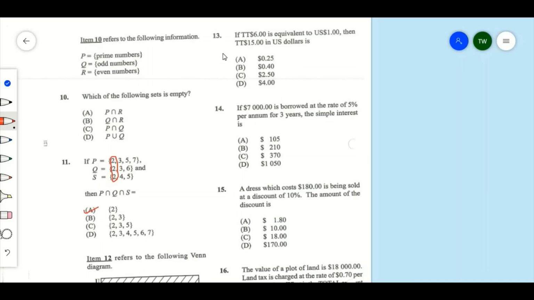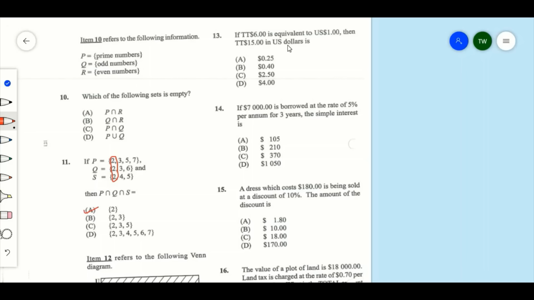Item 13. If TT $6 is equivalent to US $1, then TT $15 in US is going to be. Now, if you note here, for $1 US, that is equivalent to $6 in TT dollars. That means we want to find how much 15 TT dollars is going to be equivalent to in terms of US.